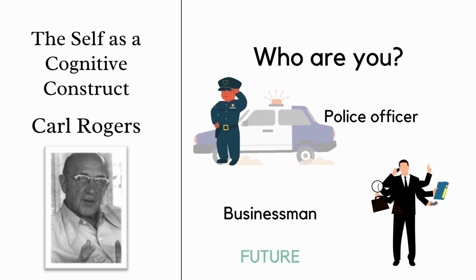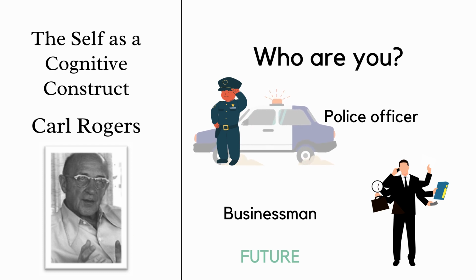And also, you are a police officer or a businessman or businesswoman in the future. So, this tells us that you, your characteristics, your social roles and responsibilities, and what you think of yourself are neither fixed for life nor always changing every moment.